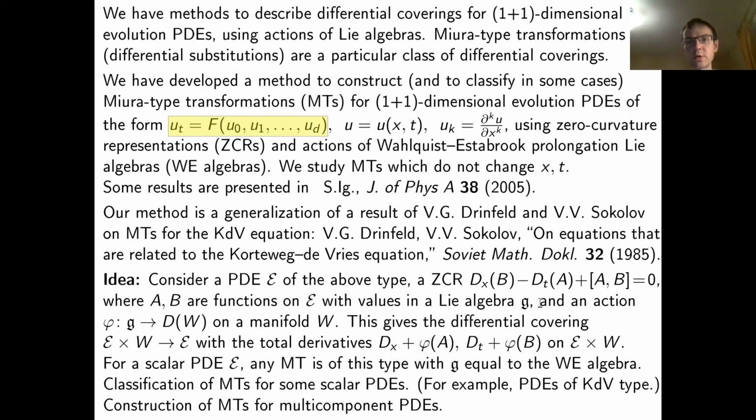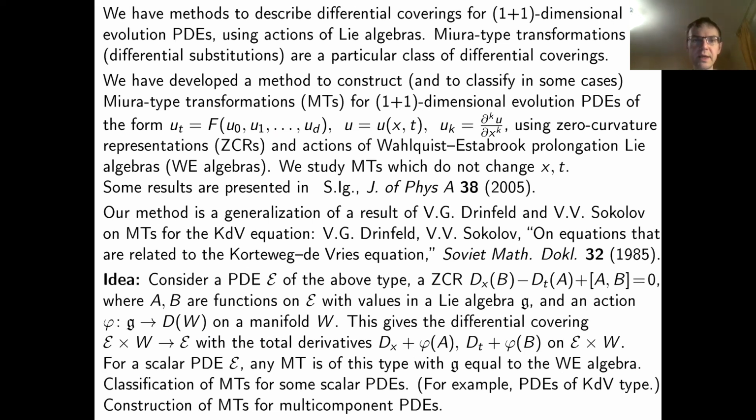Also we consider an action phi of the Lie algebra g on a manifold W. So phi is a homomorphism from g to D(W), the Lie algebra of vector fields on the manifold W. Then one gets the following differential covering.